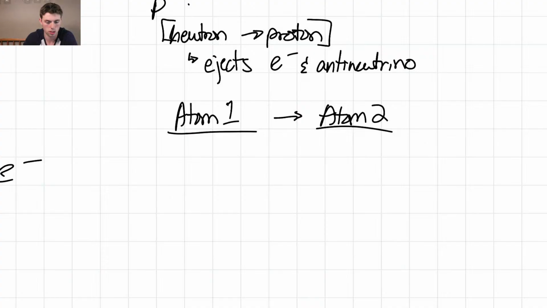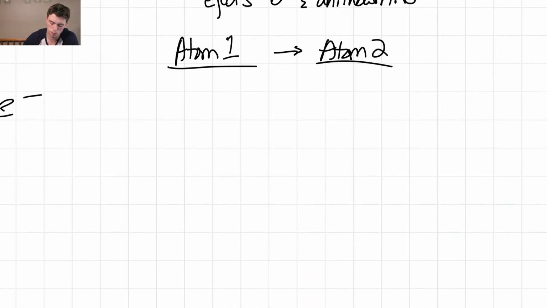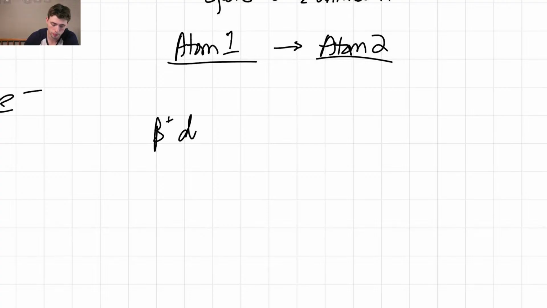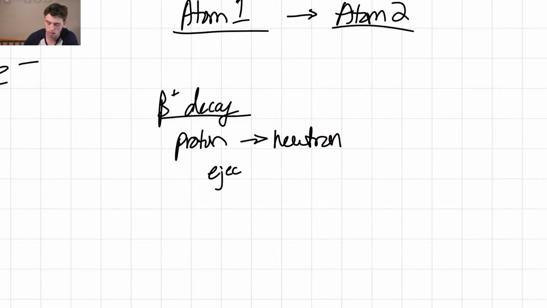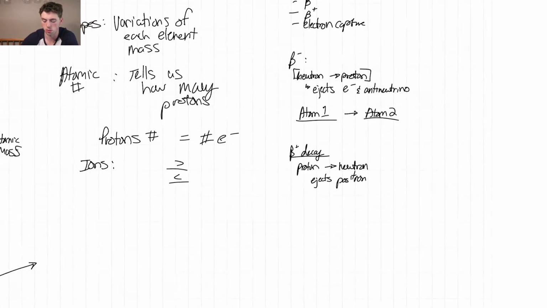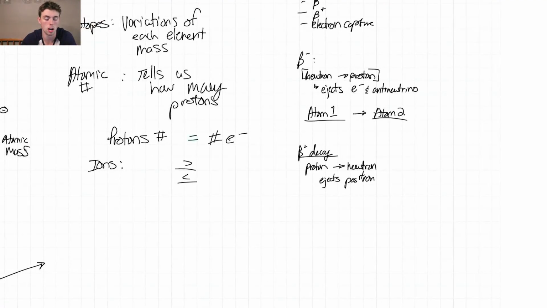Let's see what we got. Beta plus. So a proton, this is actually the reverse. A proton becomes a neutron and ejects a positron. These positrons and neutrinos are just other subatomic particles that you don't see too much of.